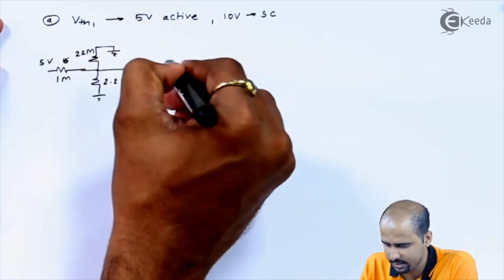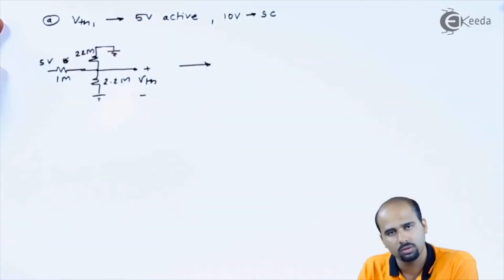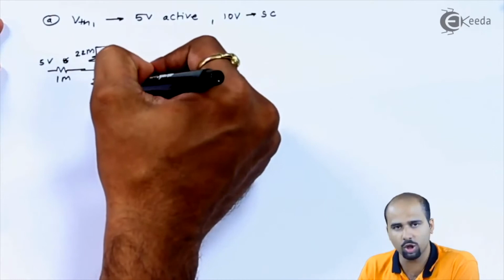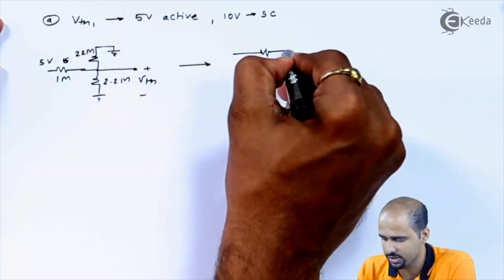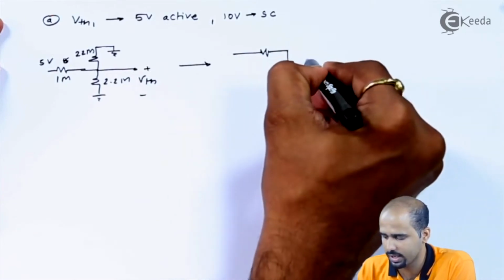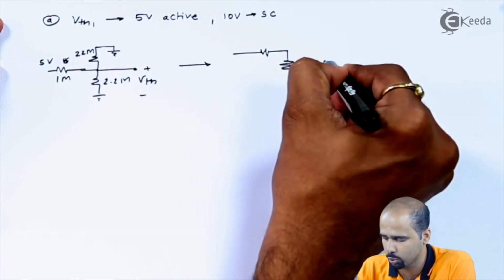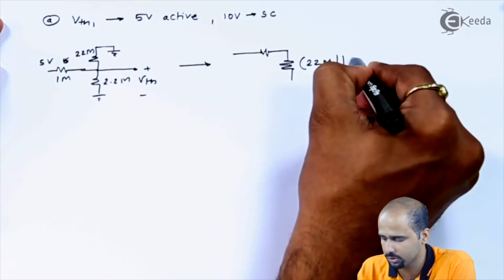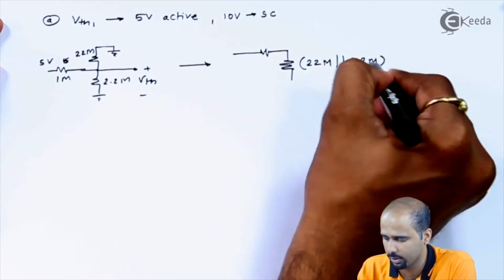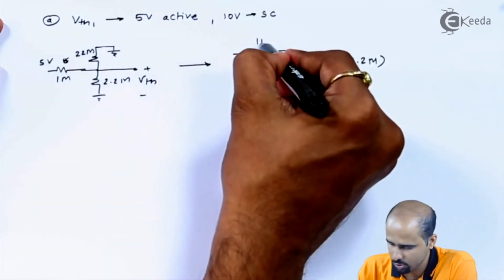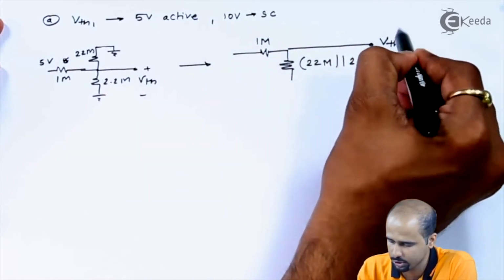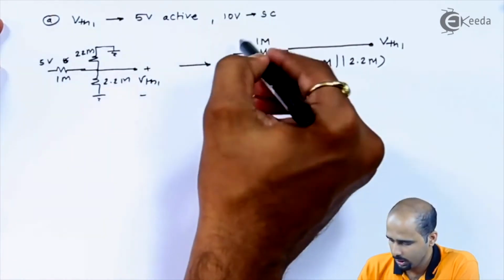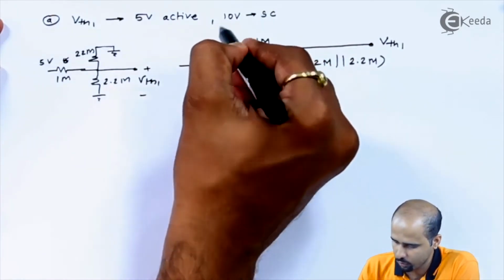Now we can easily say that this can be converted into a parallel combination in series with 1 mega. So this is 22 mega in parallel with 2.2 mega, and this is 1 mega. We just want this particular value, VTH1. This value is 5 volt.